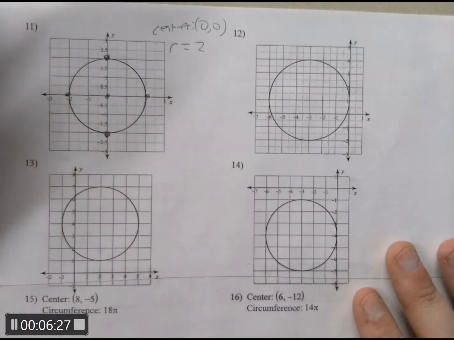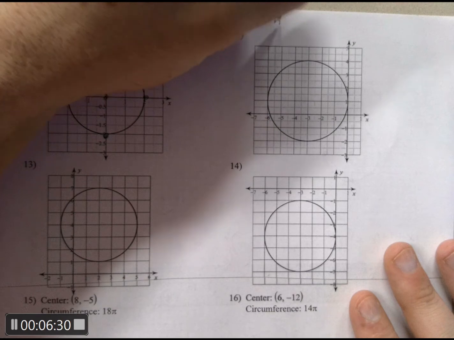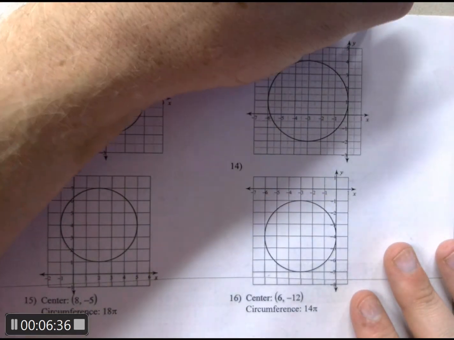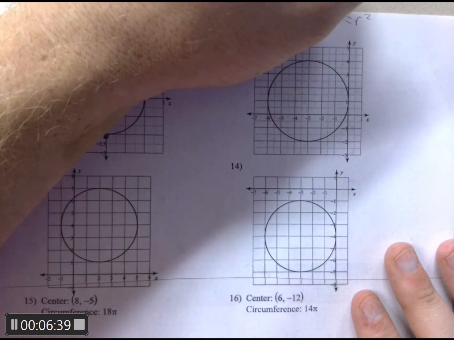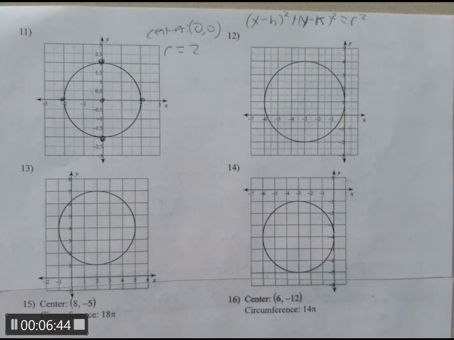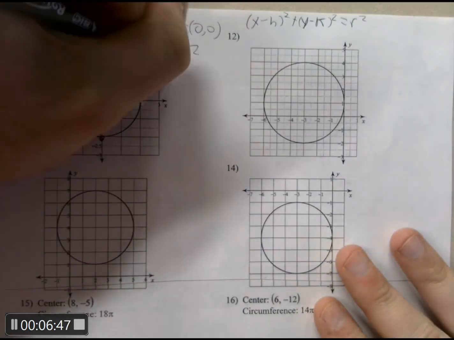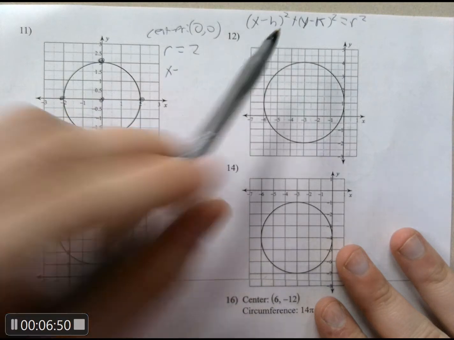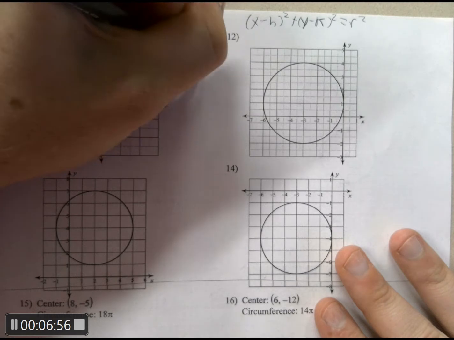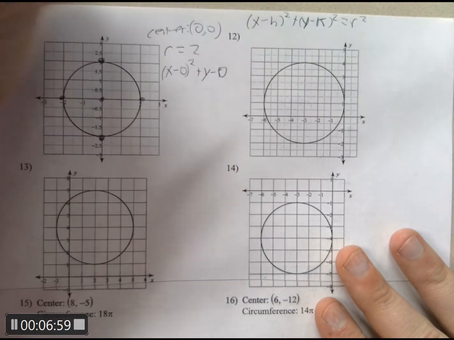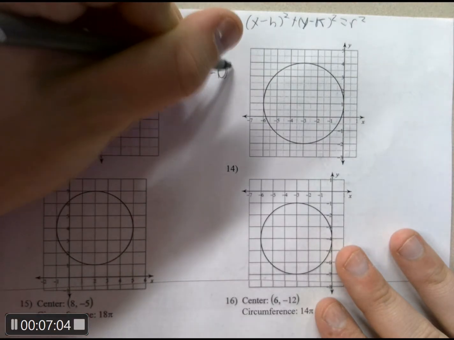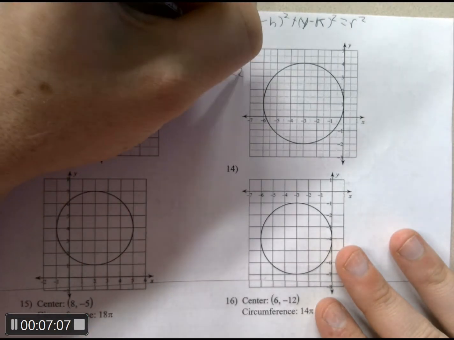So then I'm just going to plug into my equation. Once again, I'll write it up here at the top so we have it. (x minus h) squared plus (y minus k) squared equals r squared. From here, we're just going to plug it in. x minus my x coordinate, or my h, is 0, of my center right there, squared, plus y minus k, my k is 0, squared equals r squared, which is 2 squared.